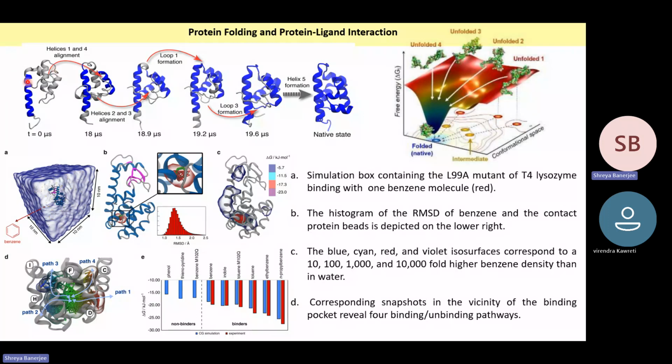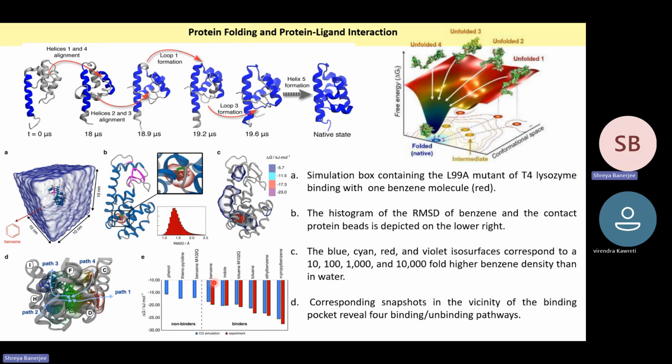By putting all the snapshots together, the different pathways of binding can be predicted. You see corresponding snapshots in the vicinity of the binding pocket revealing that there are 4 binding pathways shown here as path 1, 2, 3, and 4. And here you have a comparison.